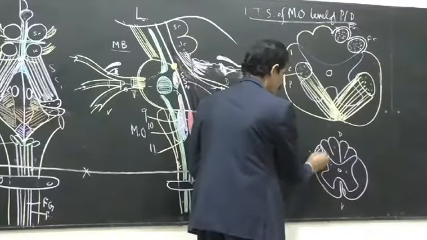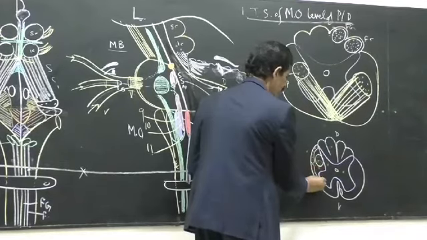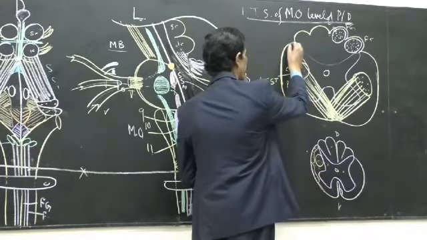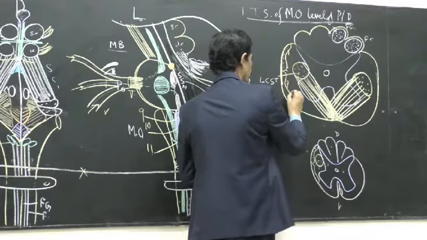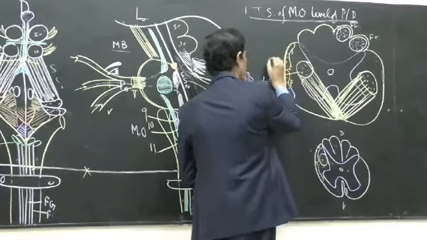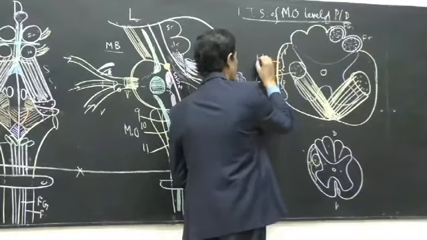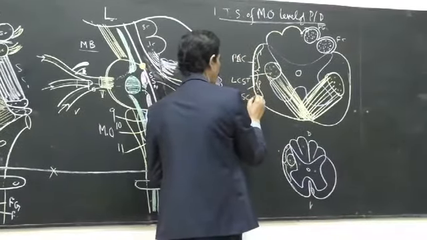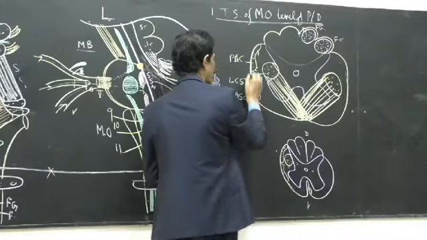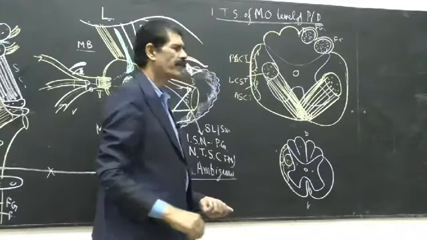This is the posterior spinocerebellar at the periphery. The same are present here also. No change. They will be visible. The posterior spinocerebellar, and this is the anterior spinocerebellar, fibers of the trunk. Same.